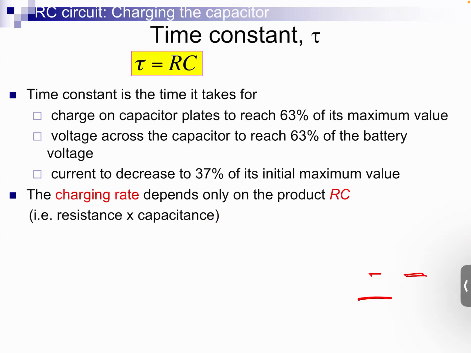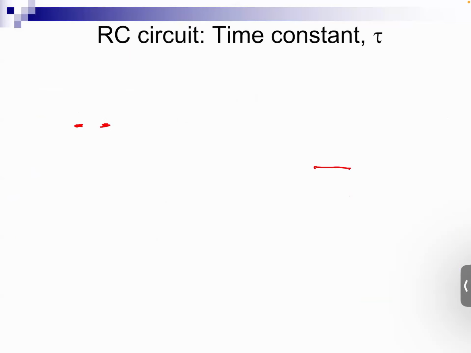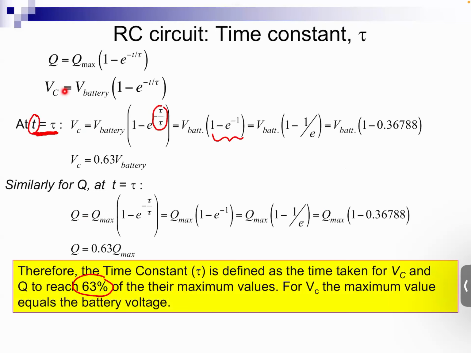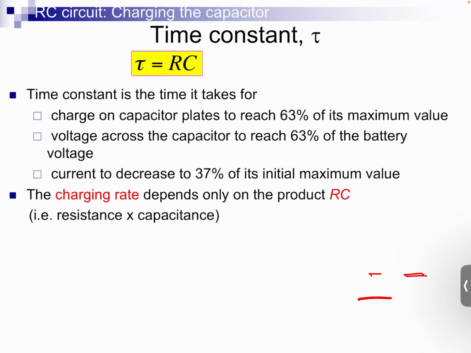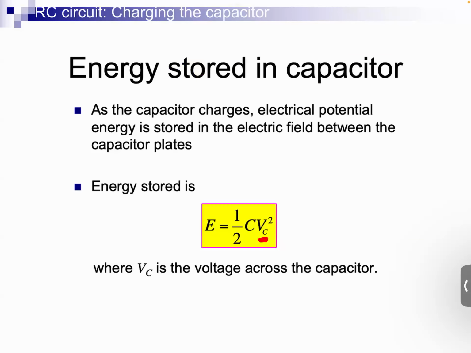You have to use this voltage equation to determine how much voltage is across your capacitor plates, and from there determine the energy stored across your capacitor plates. We'll look at an example of this later on, right?